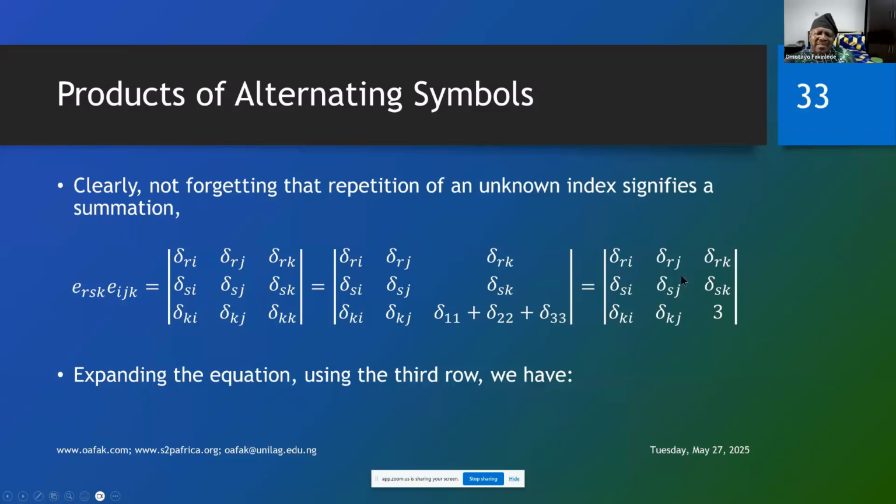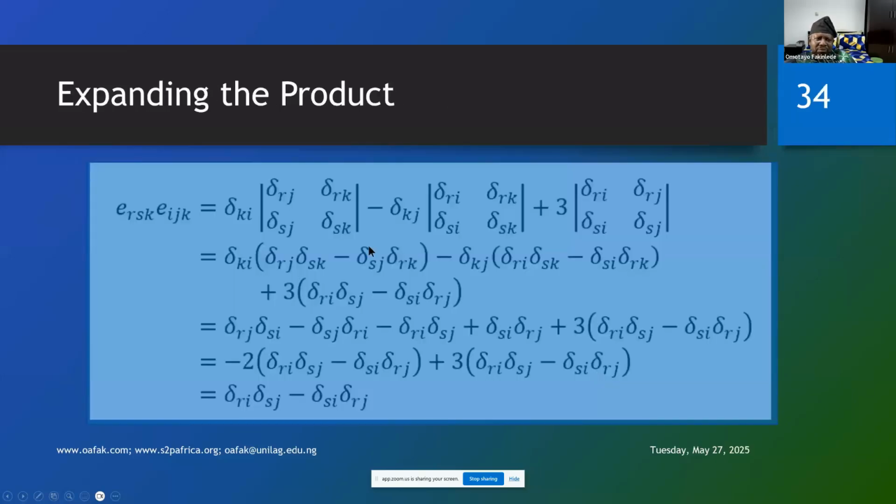Now we can expand. I hope everybody here remembers how to expand a 3 by 3 matrix determinant. You can expand using the third row. It is easier to expand using the third row or the third column. If you do that, you have this. So it's delta ki into this determinant minus delta kj into this determinant plus 3 into this determinant.